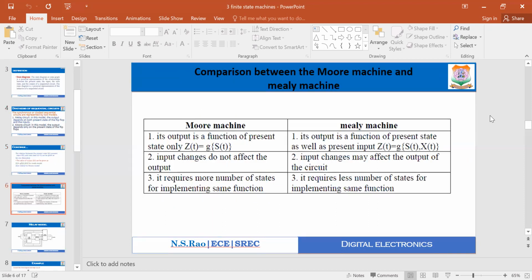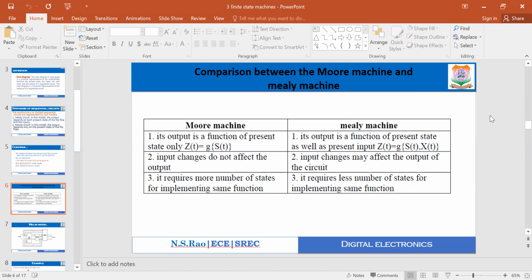These are a few differences between Moore and Mealy. In Moore, the output depends upon only the present state as per the definition. And in Mealy, the output depends not only upon the present state but also upon the input value.